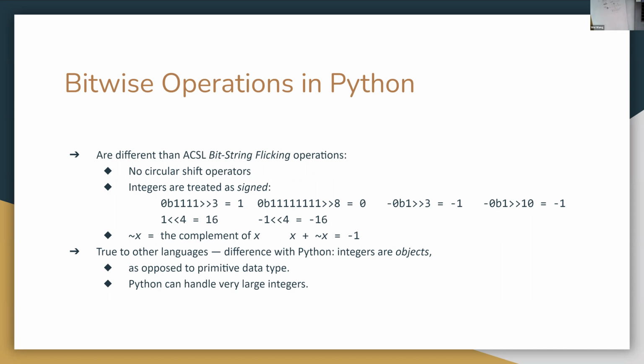You can basically think about it this way. Let's say you have 8 bits. 1 would be 0 0 0 0 0 0 0 1. That's 1.